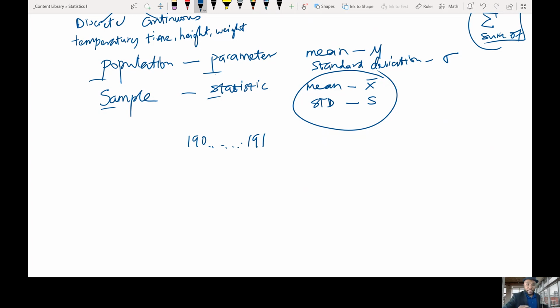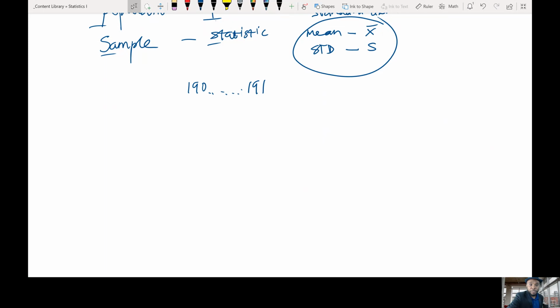Okay. All right. So before we are, I think, midway in this class, let's look at the 4 levels of measurement.